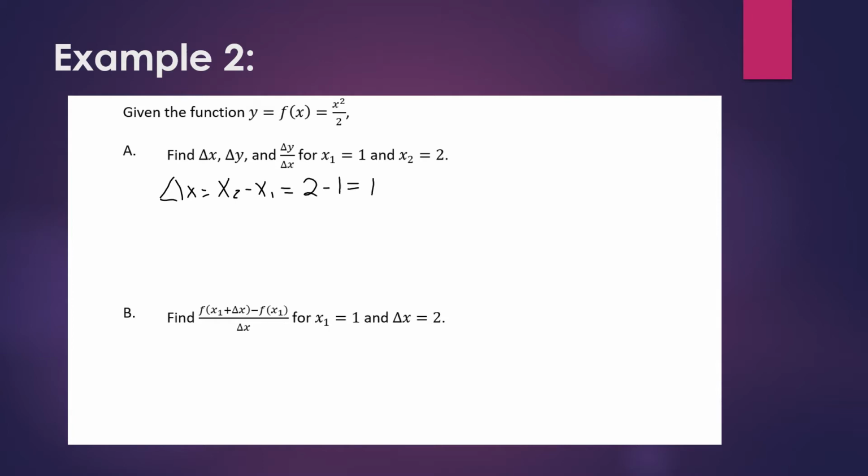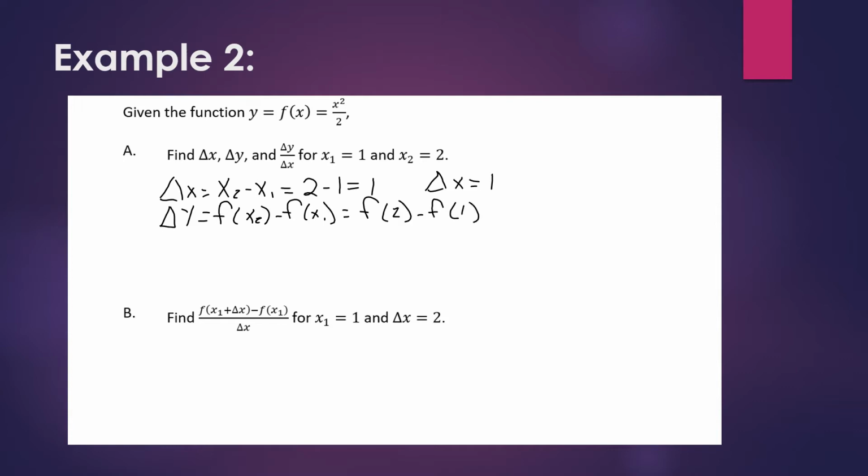So the change in x is 1. Delta x equals 1. So to find delta y, the change in y would be f of x2 minus f of x1. So that's f of 2 minus f of 1.